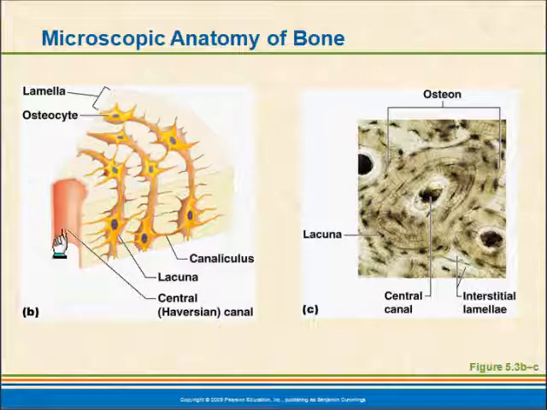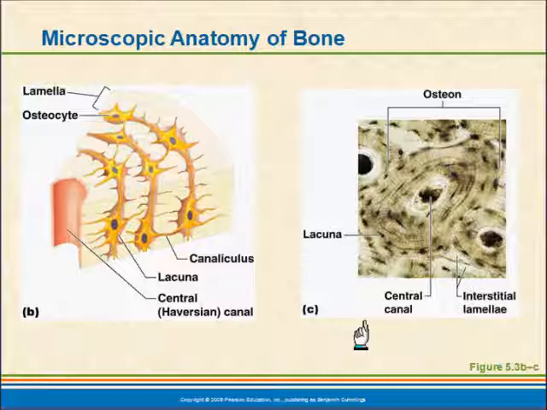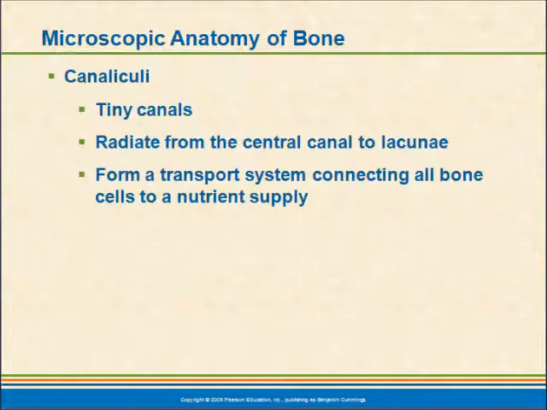This is where nutrients from the central canal pass to the osteons. So what we have is osteocytes located in lacunae between the lamellae, which receive nutrition from the central canal via the canaliculi. And canaliculi are tiny canals, again, that radiate from the central canal to the lacunae. They form a transport system connecting all the bone cells to a nutrient supply.